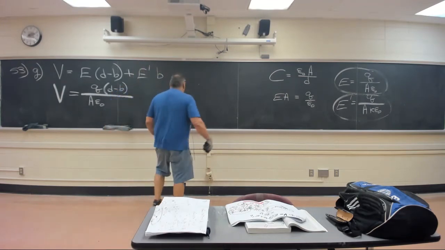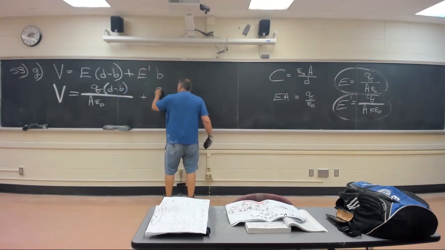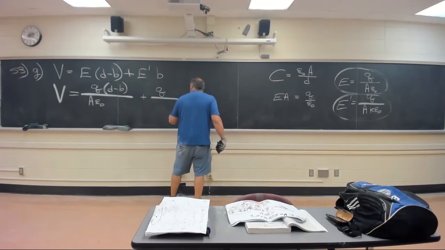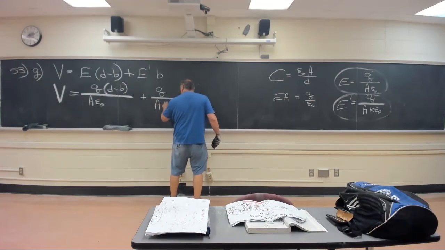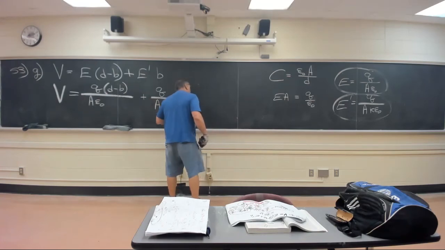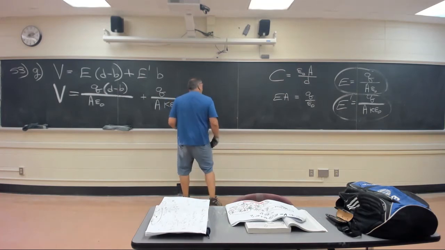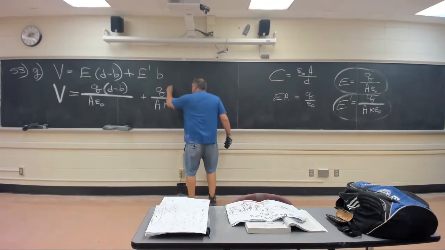The other one is Q over A kappa epsilon naught. Again, the order of the letters, some are more advantageous than others, times B right here.